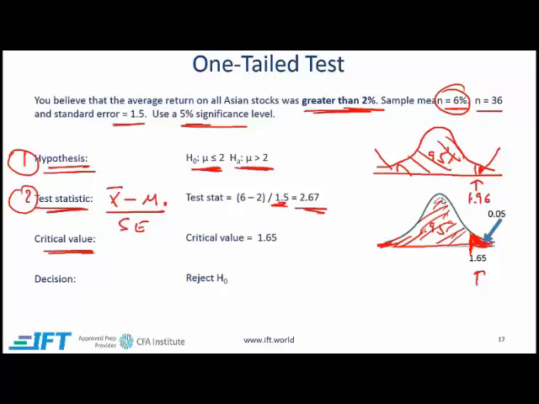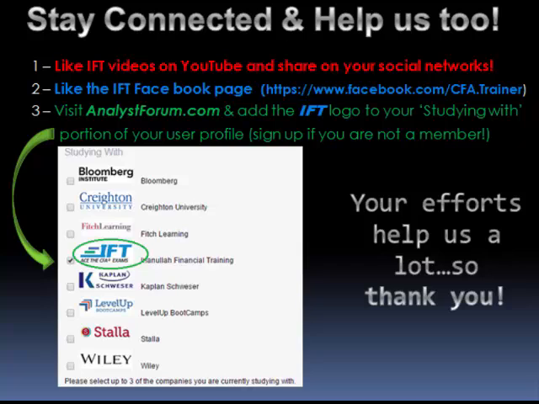So when you are doing a two-tailed test and you have 95%, then the Z value is 1.96. If you are doing a one-tailed test and the probability is 0.95, then the Z value is 1.65.